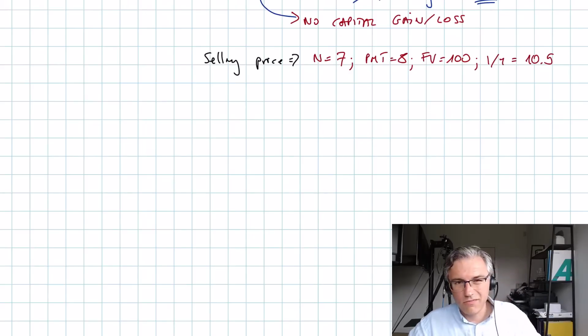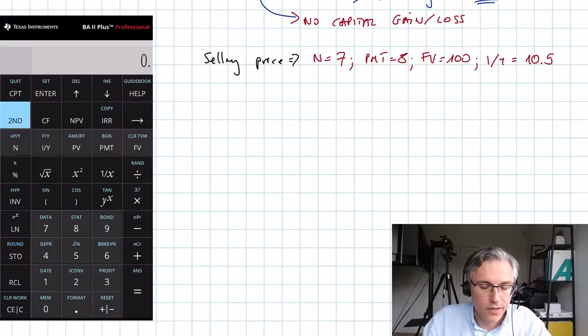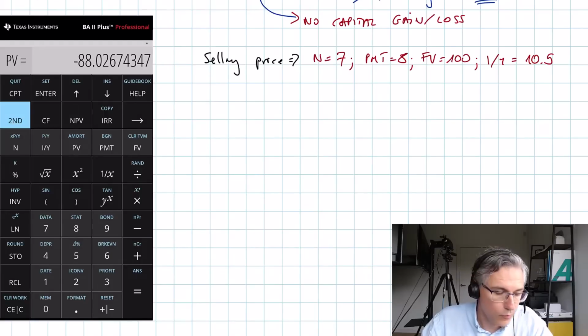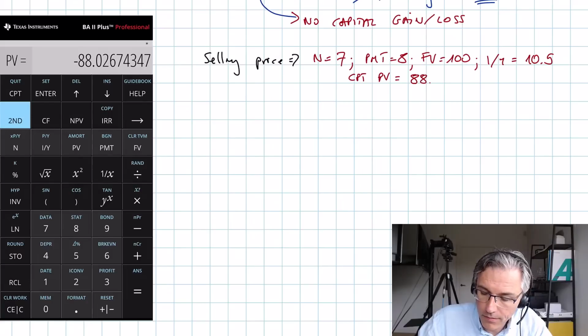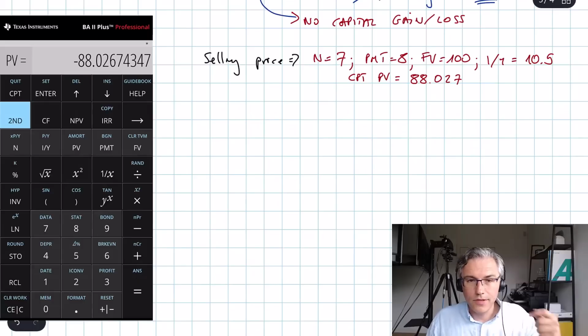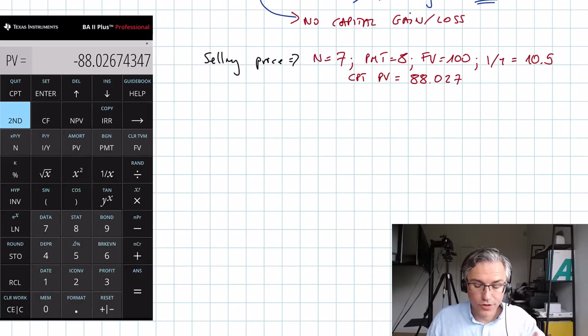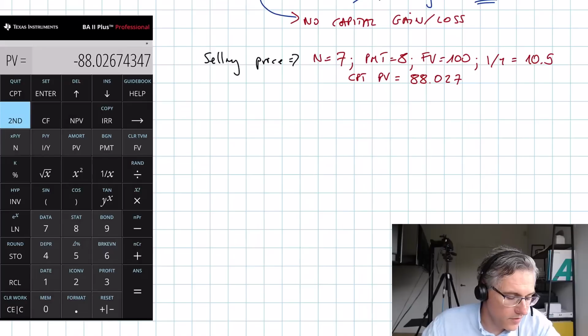Now, because I've done some stuff on my time value of money worksheet, I'm going to clear it and input this data: 7 for N, 8 for PMT, 100 for FV, and 10.5 for I over Y. Compute PV, right. CPT PV gives 88.027.